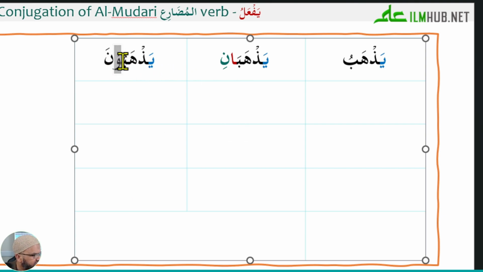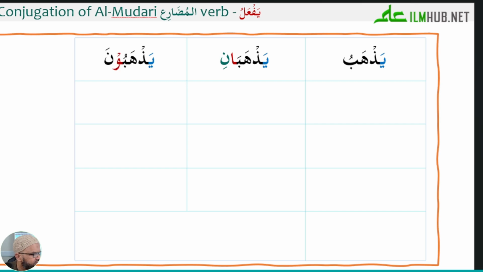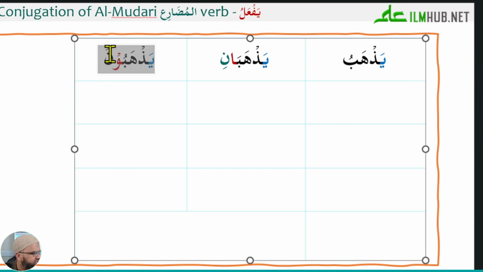So let's just color that in red. So that's your doer, waw. It represents the hum, meaning they, masculine plural. So yadhhabuna. Now I'll explain to you in advanced lessons, inshallah, mudara is coming very soon, why I've colored it in green. But for now, if you can color it, you'll remember later when I go through it.